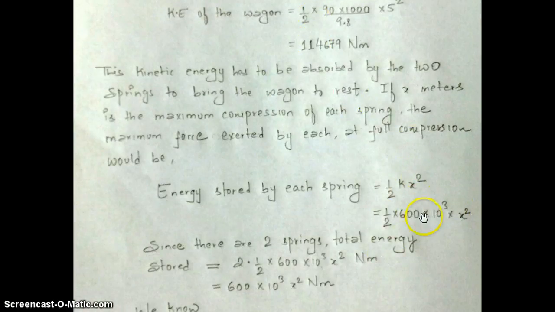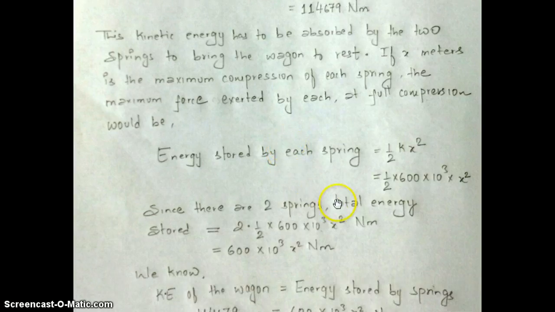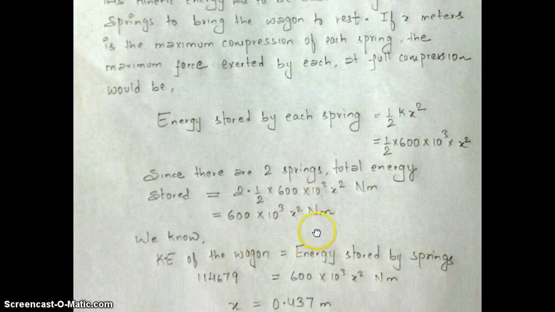Now we plug in the values. K is 600 kilonewtons, that's why we multiply by 10 cubed. And since there are two springs, the total energy stored in the springs is 2 times this whole thing, which is 2 times half times 600 times 10 to the third x squared Newton meters, which will give us 600 times 10 to the third x squared Newton meters.